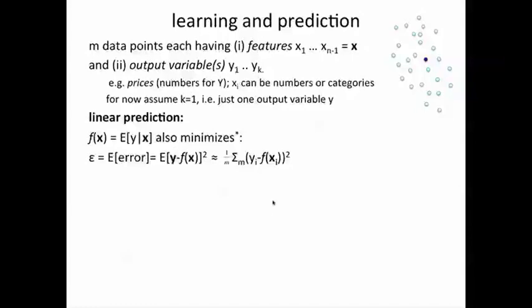It's important to clarify the notation here because it could get a bit confusing. Bold X means one data point, which may consist of n minus 1 different features. A bold X subscripted is not one of the features, it's actually one particular instance. That is one whole data point. We don't actually have many features as far as output variables are concerned.